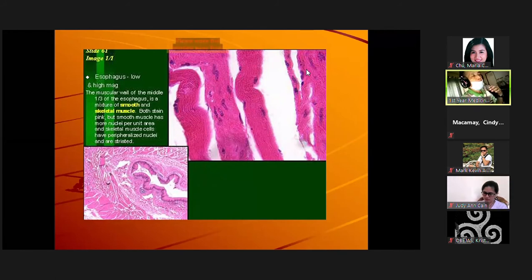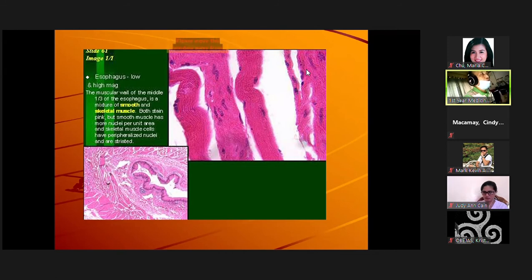But if it is already in the middle part, the smooth muscle is involuntary, while the skeletal muscle in the first part is voluntary. So when you swallow something and it is still in the first part, you can easily spit it out.